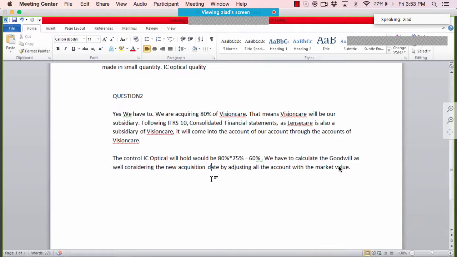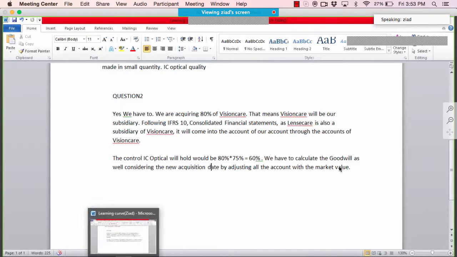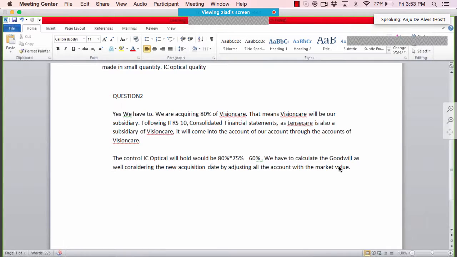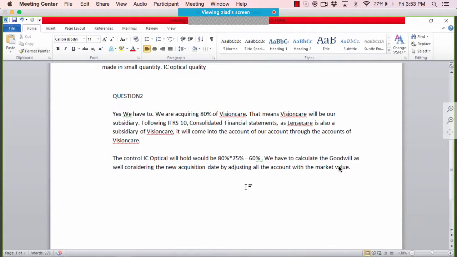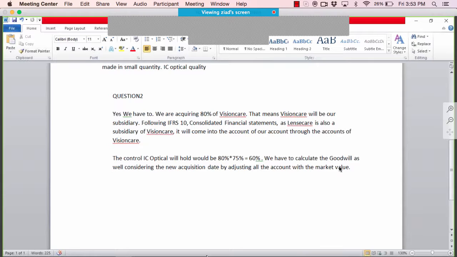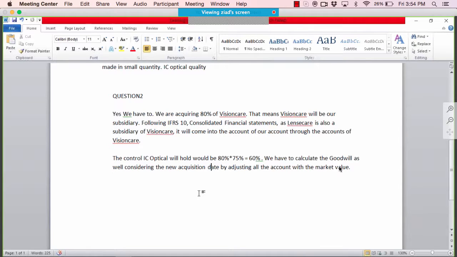What are they asking? So they're asking whether we can, in our consolidation, should we include lens care? Is it already included? I'm not sure. That's one area that they're asking.